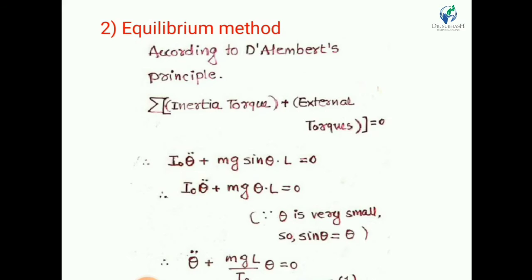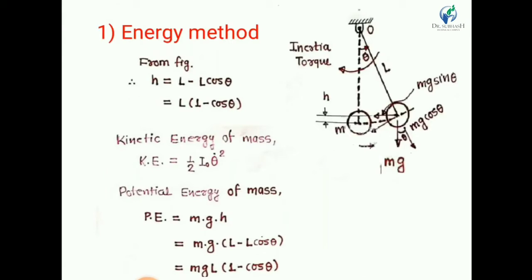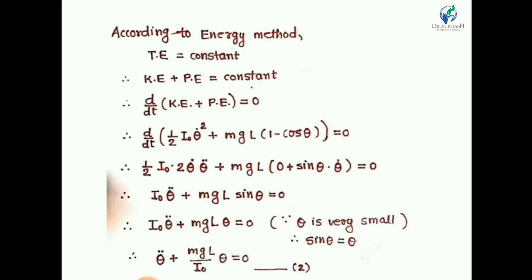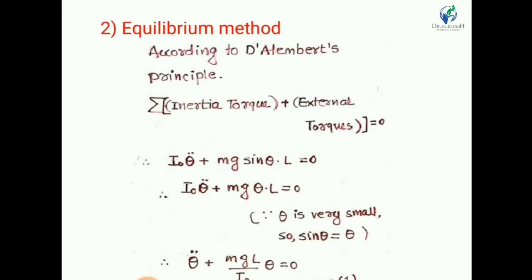And for external torque, this component of mg is mg sin theta. So mg sin theta into L is the torque. This is the active torque and this is the resisting torque.